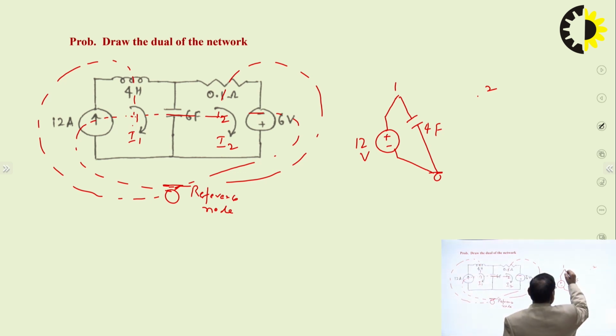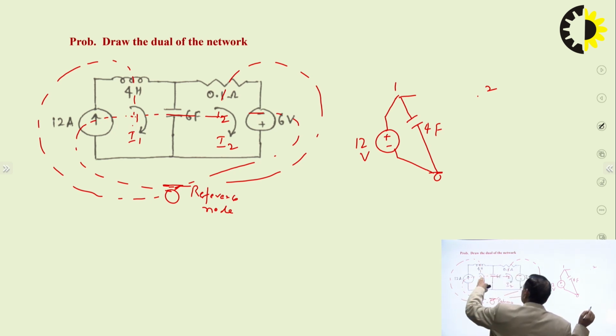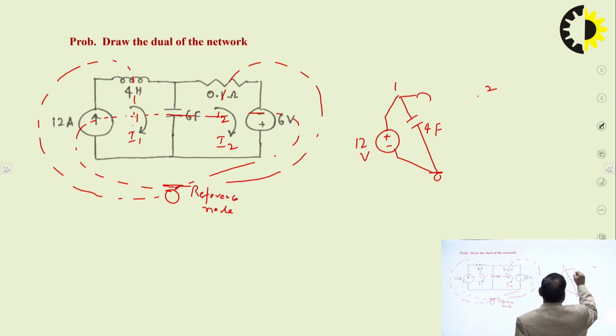It is a capacitor in the original network, so in the dual network it will be an inductor of 6 Henry.